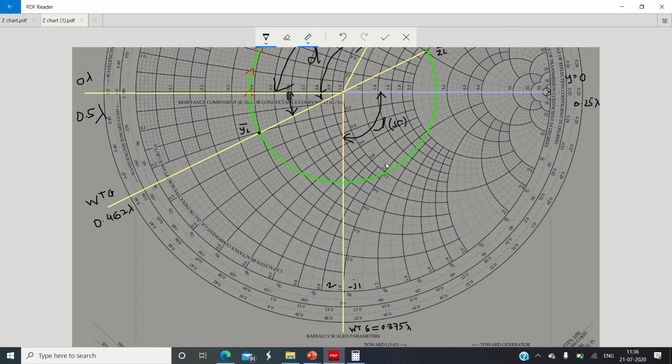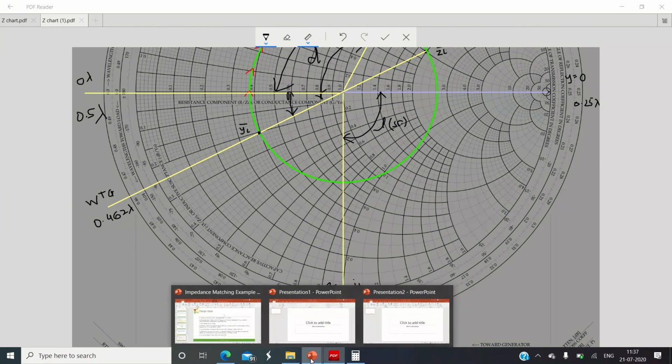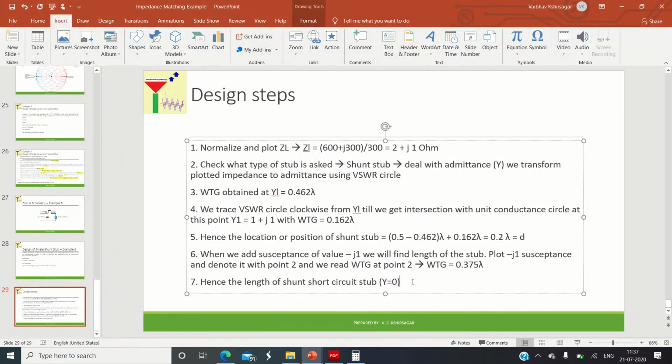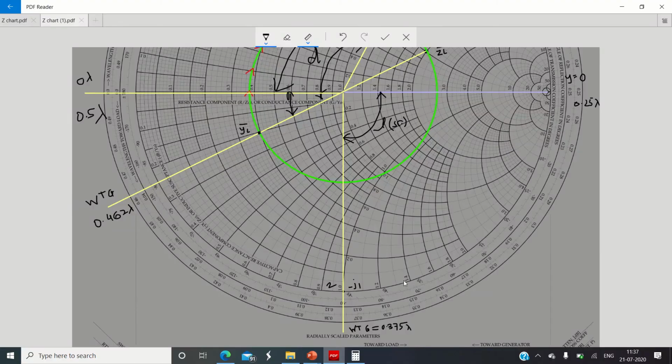If you take the difference between the WTG value of this imaginary point and the WTG point of Y is equal to 0, you will get the length of the short circuit stub. So here I will write L, in brackets short circuit, because it is a short circuit length. It is simply given by the difference between this WTG and this WTG.